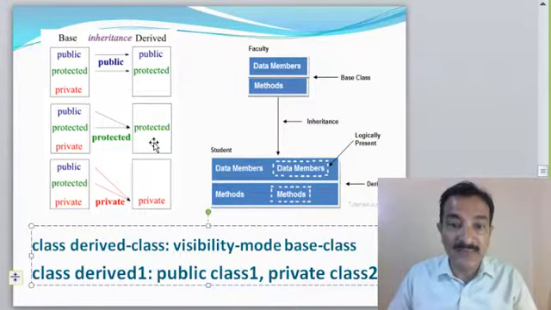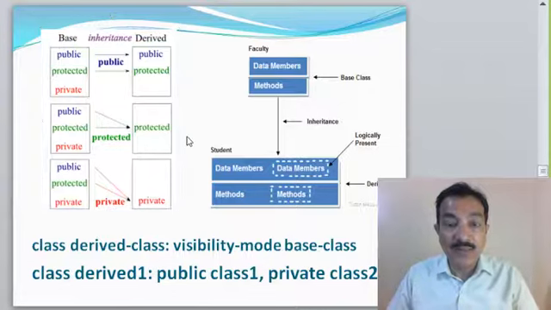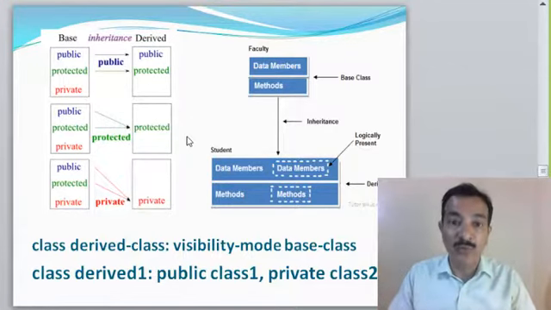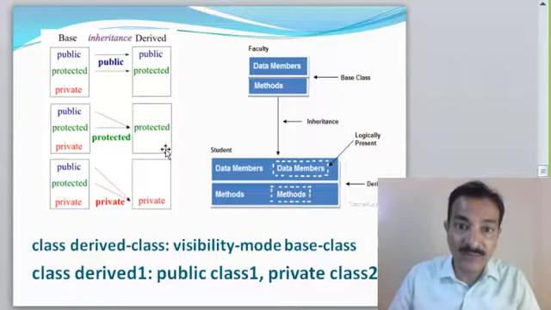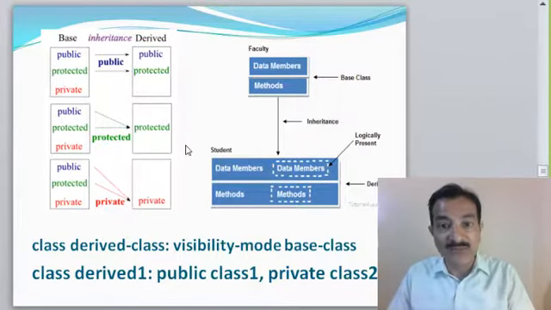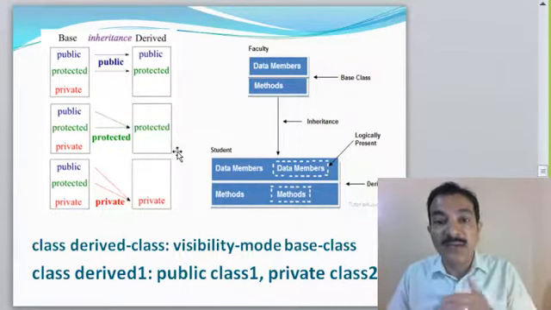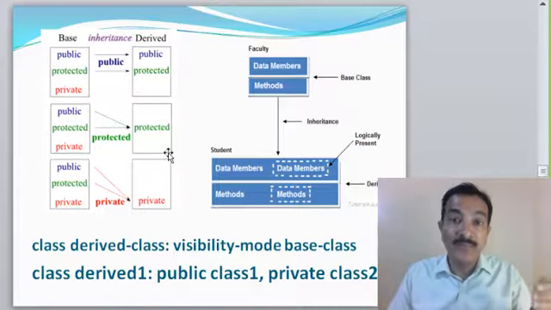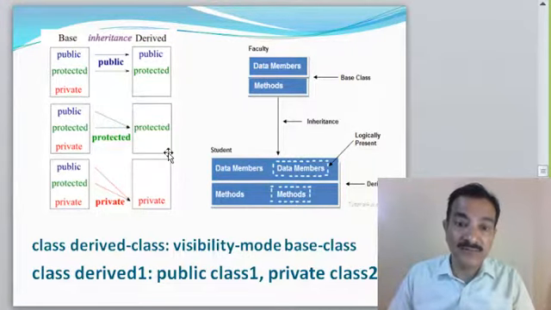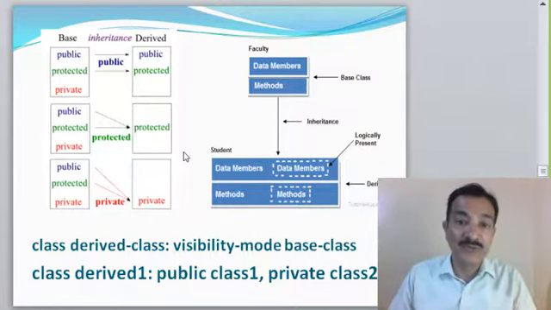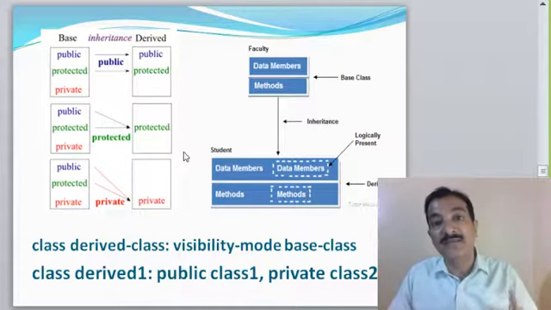But what happens here is that even the public members inherited by the derived class will be visible henceforth like protected members. So if there is another class derived from this derived class 1, then by default the public methods and public functions will be protected. So they will not be able to directly access the public function because it's no more public, it's protected.